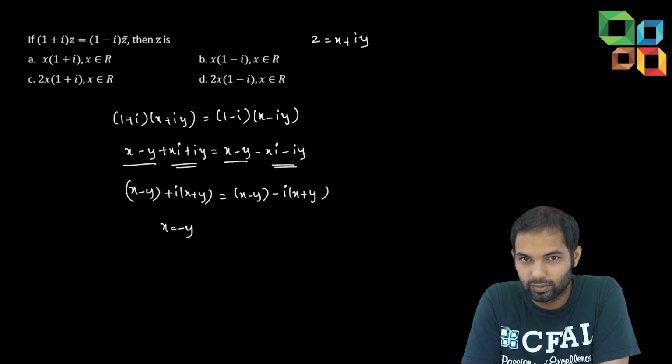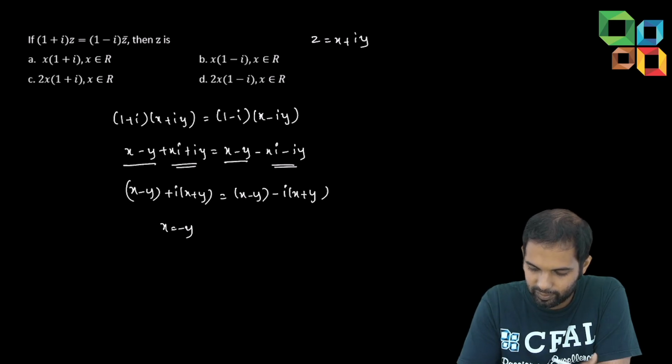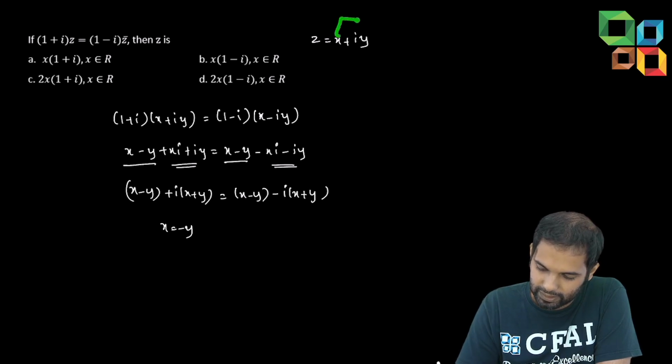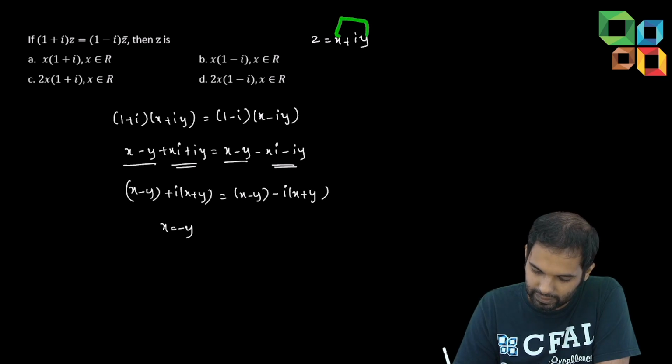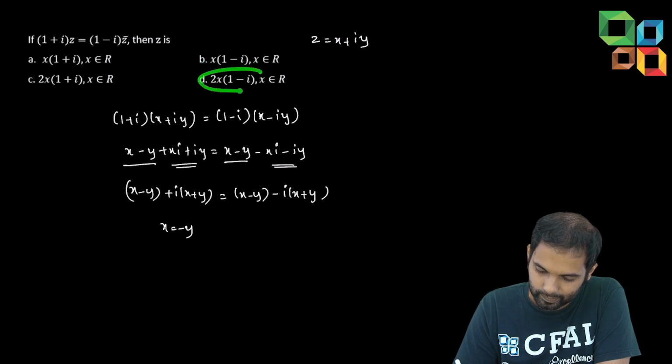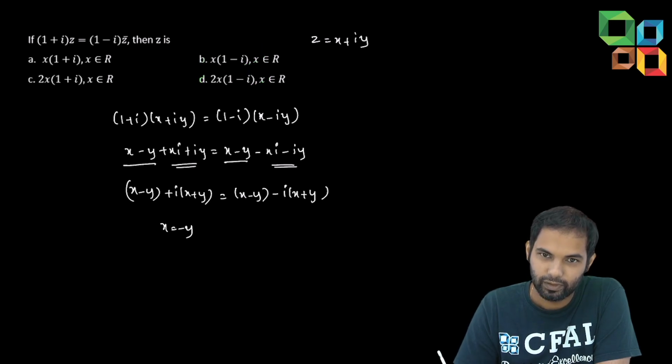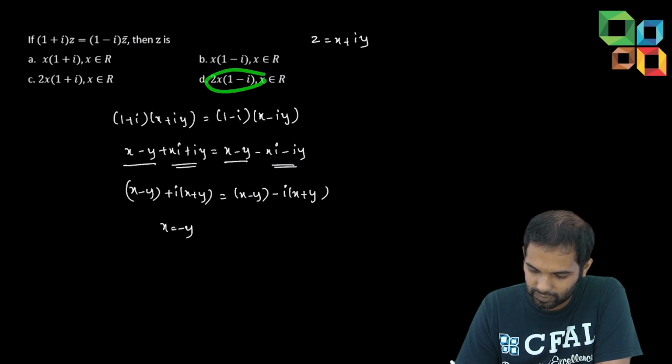Correct. So we are looking at the option, okay, where probably your real part is nothing but the negative of the imaginary. Okay. I think here we have that case, and we have that case here. Fine. Both the cases are saying that this is 1 and this is minus 1.